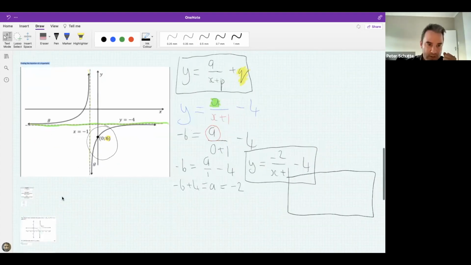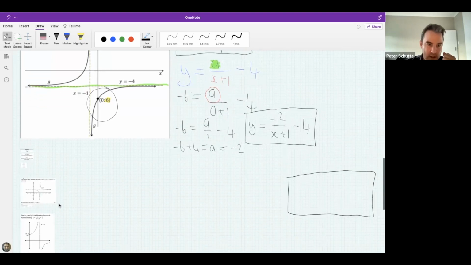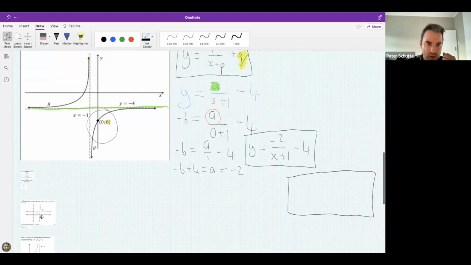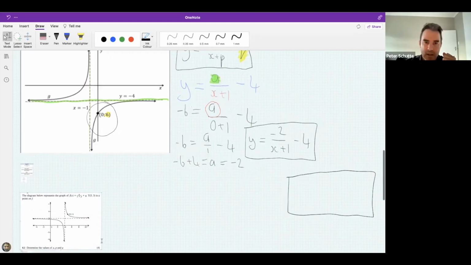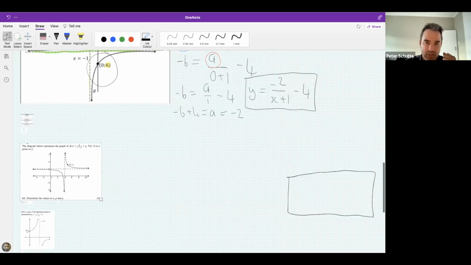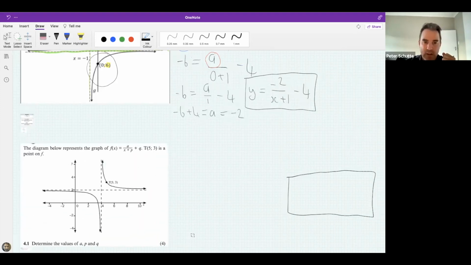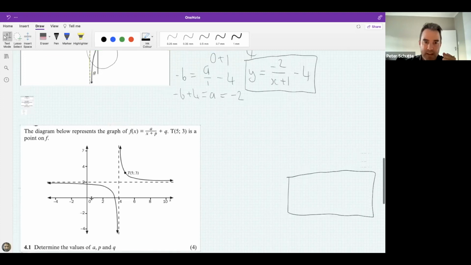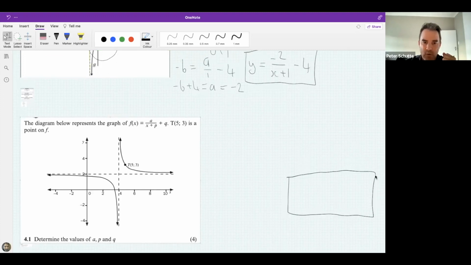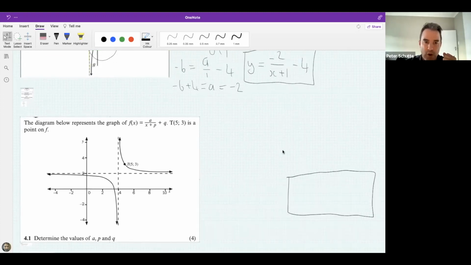So I am going to give you another question like this, and I want you to work out for me what the equation of this next hyperbola is. I'm going to make that nice and big. This is an old test question. You can see it's for 4 marks.